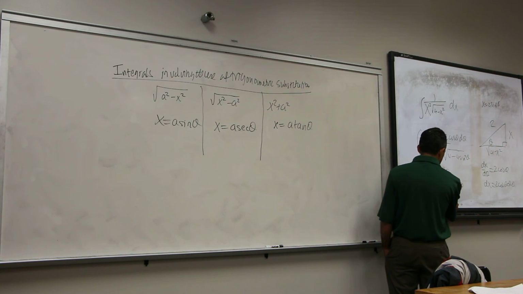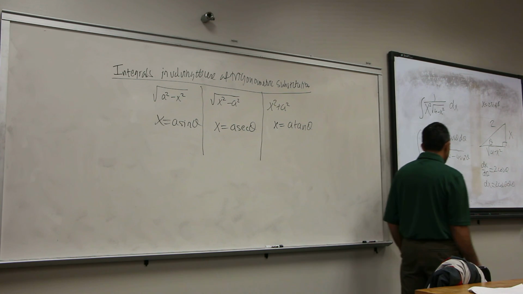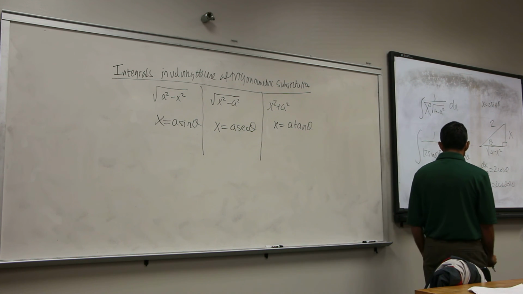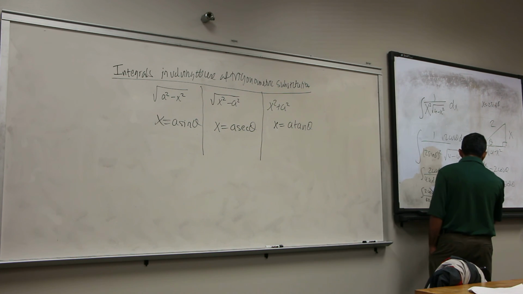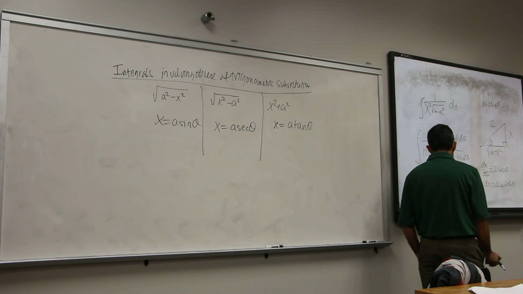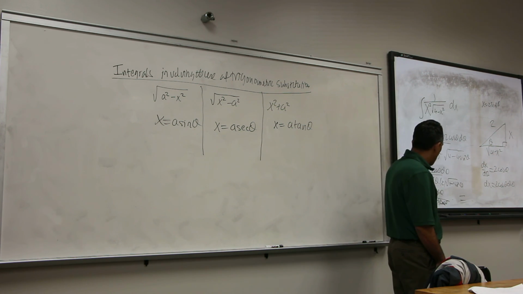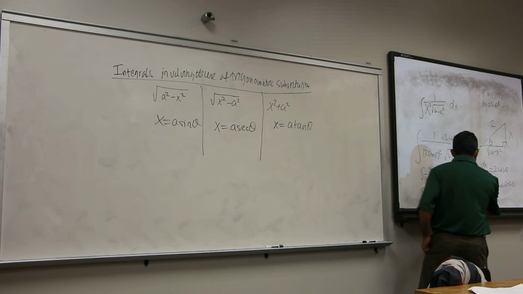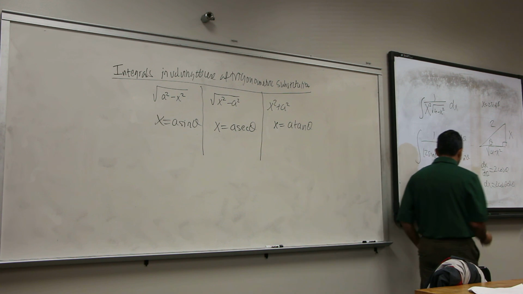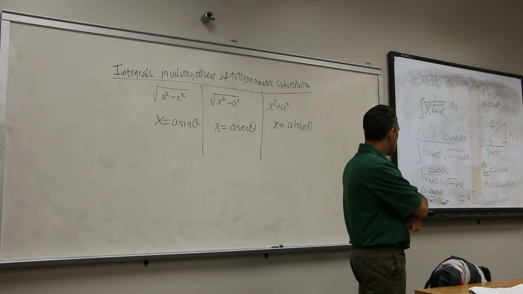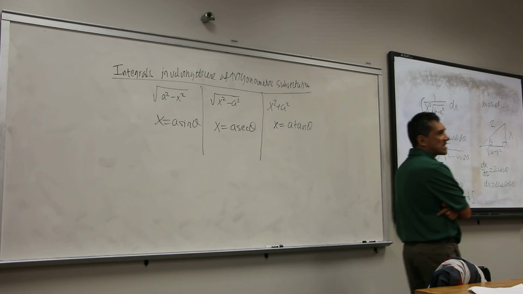And there will be a cancellation of cosine theta, which will give us what? 2 over 8, which is 1/4, times 1 over sine squared theta d theta.